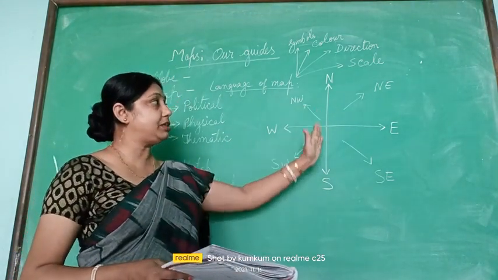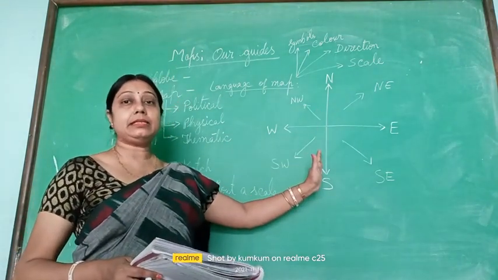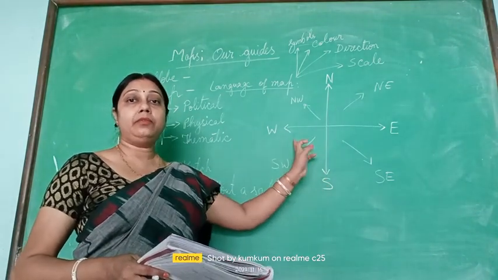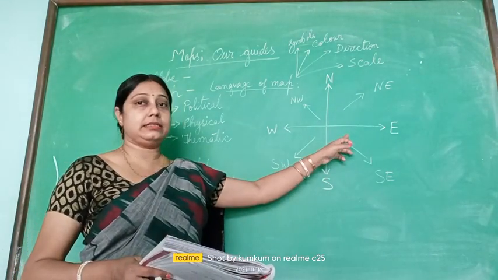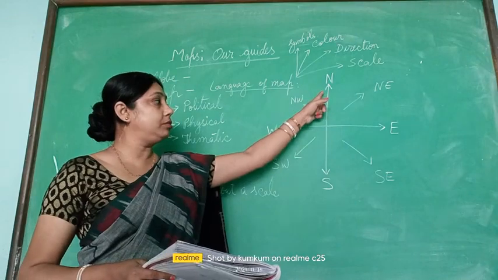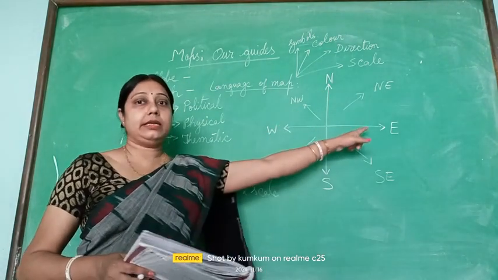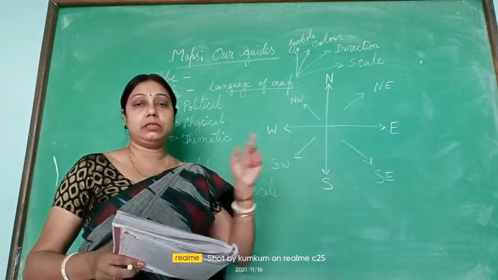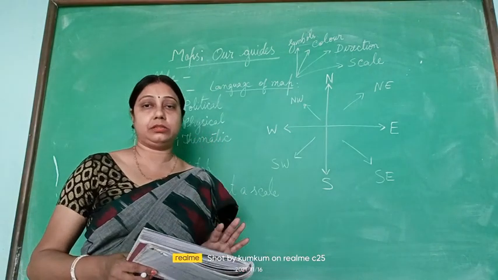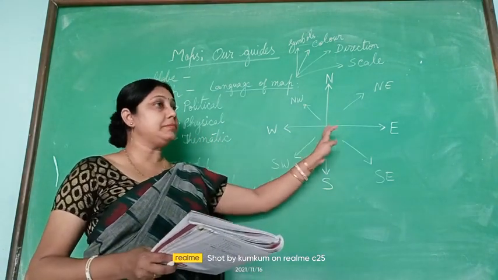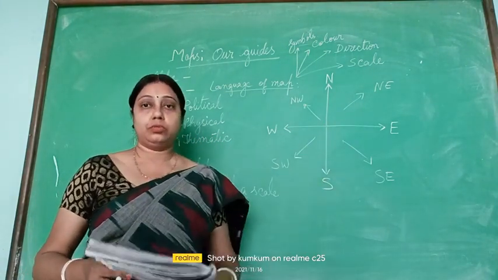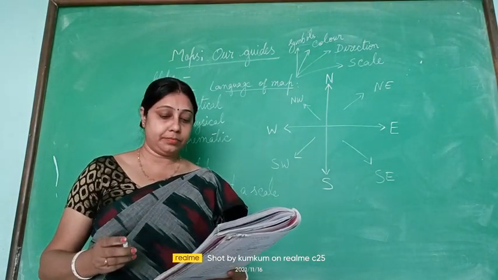Now, this is the direction. Basic directions have 4 main sides: north, south, east and west. These are the 4 major directions. And there are some sub-directions also. I will explain you one by one.